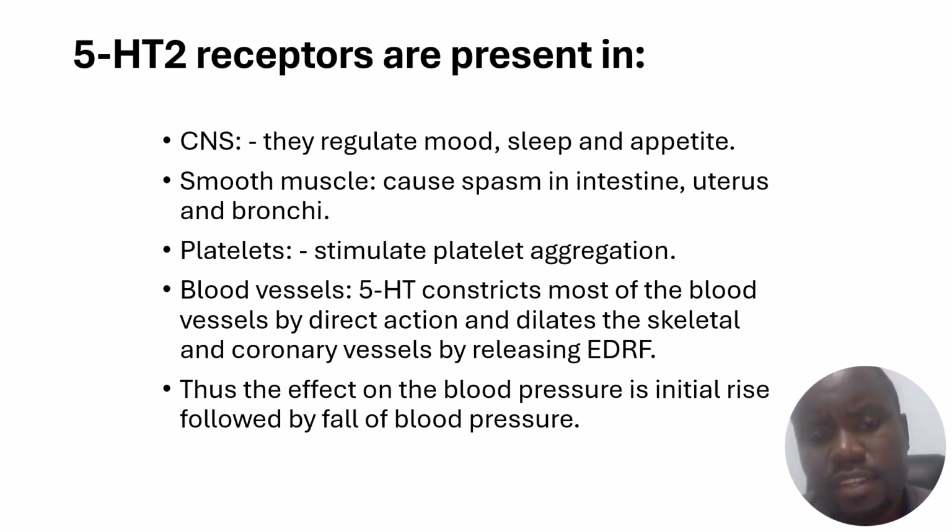For platelets, they will stimulate aggregation and facilitate clotting. For blood vessels, initially they cause constriction, but because of the large blood vessels in skeletal muscles, which are dilated by serotonin, we have hypotension as the final effect of serotonin.